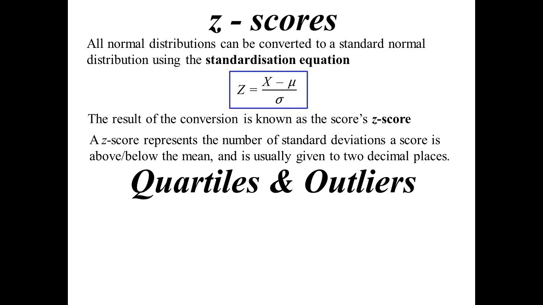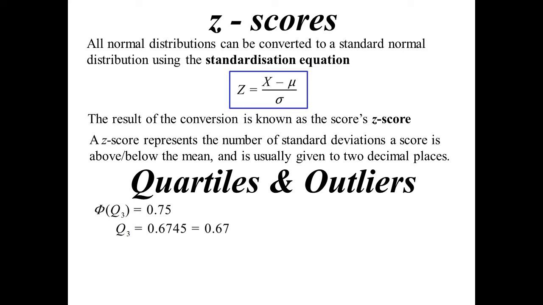All right, well, what does this mean about quartiles and outliers when we're looking at data? Q3 then is 0.75. We know that because it's 75% of the data if we're starting from the left-hand side. So Q3, top 25%. So how much is in there? Q3 then must be 0.6745.